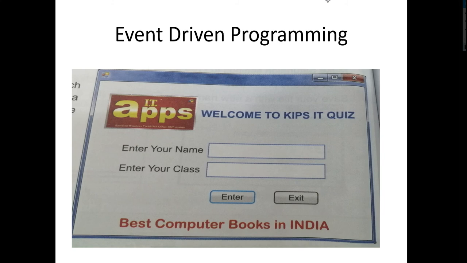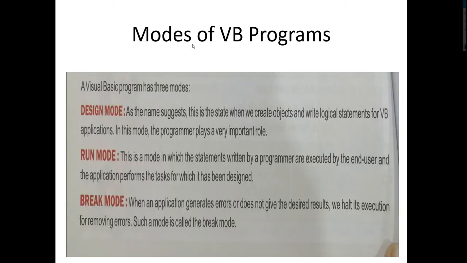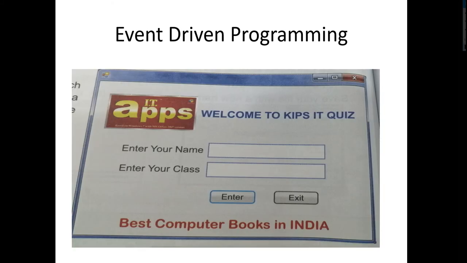When we press a key, or select anything on our screen with the help of a mouse, moving it forward, backward, this selection or pressing of any key on the keyboard is called an event.